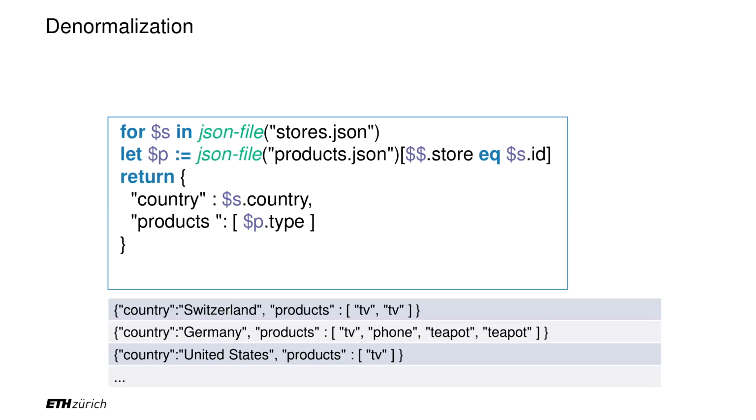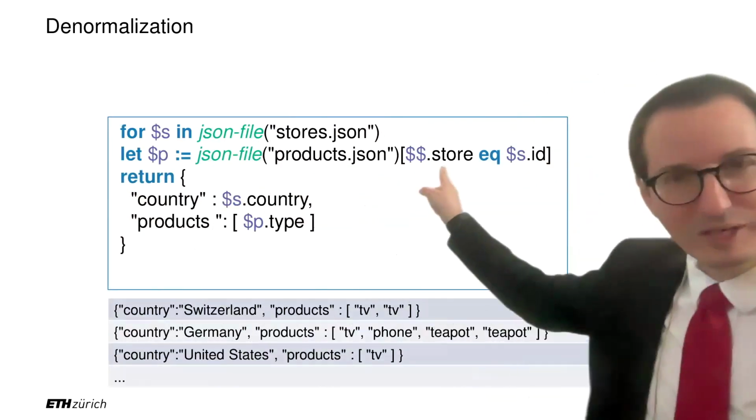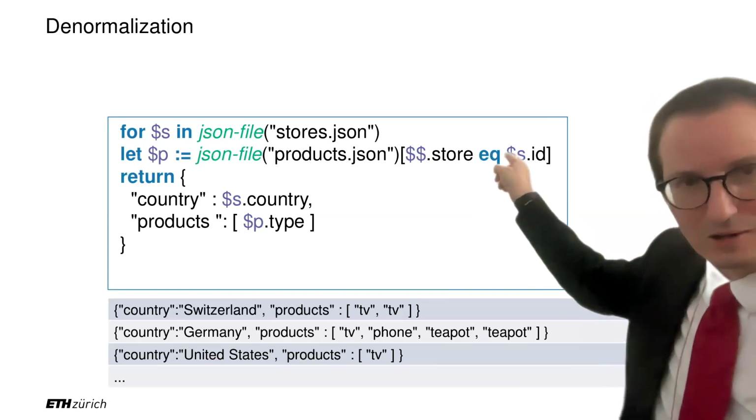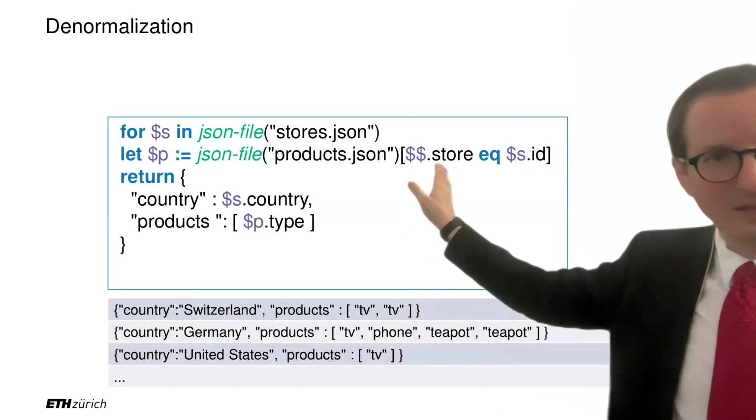And the way I can create it is, for example, I iterate over the stores, and then I find my products with a variable P that will be bound to a sequence of products. How do I find them? Well, I have this subquery in the product. I look at the products right here, but I only take those whose store matches the store that I have here.